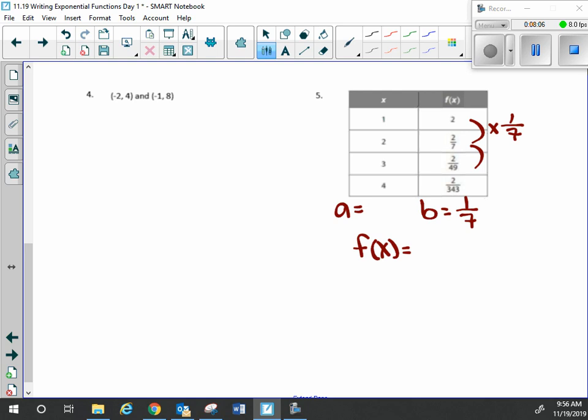Yeah, because I have my first term, but what I really need is my 0, my initial value. So if I'm multiplying by 1/7 to go down, I multiply by 7 over 1 to go up. So then, good, 14. So A is 14. Do I have everything I need for my function? Yes. So f of x equals 14 times 1/7 to the power of x.